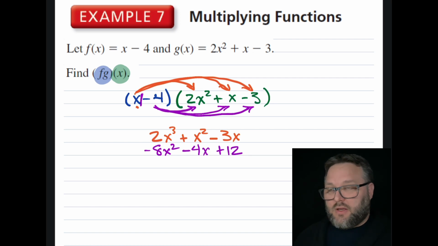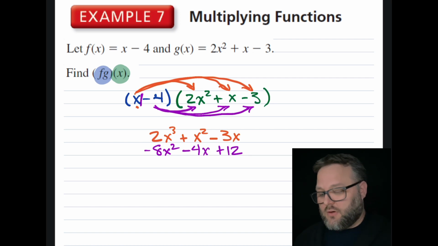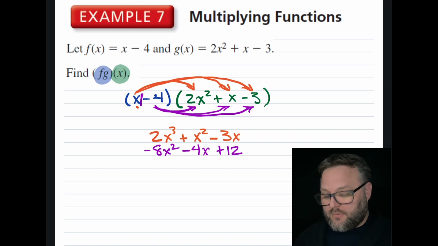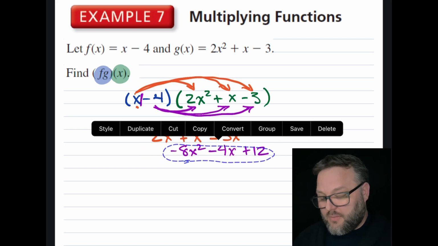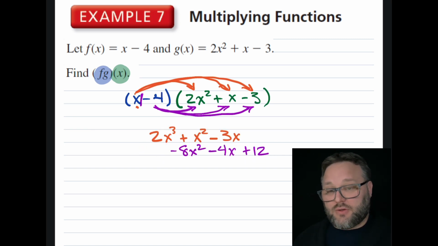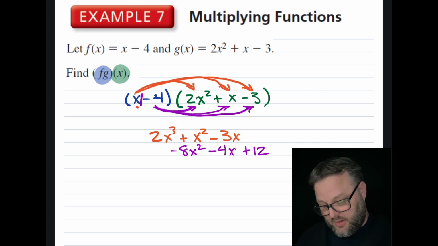Now notice something, and I did this on purpose because we tend to get in a hurry, so I see this a lot. My exponents, or my powers, are not lined up. Luckily on this, I can just circle it and shift it over. But you have to be careful that you have like terms aligned.